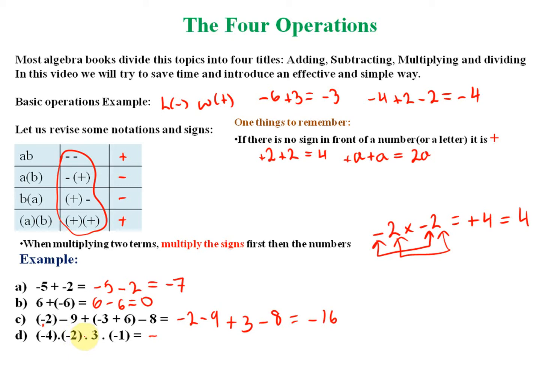Now we multiply all the numbers together. 4 times 2 is 8, times 3 is 24, times 1 is 24. Now same with this one, it's also multiplication. We multiply minus times positive, because we know that the 5 has a positive sign in front, so it's negative, and 6 times 5 is 30.